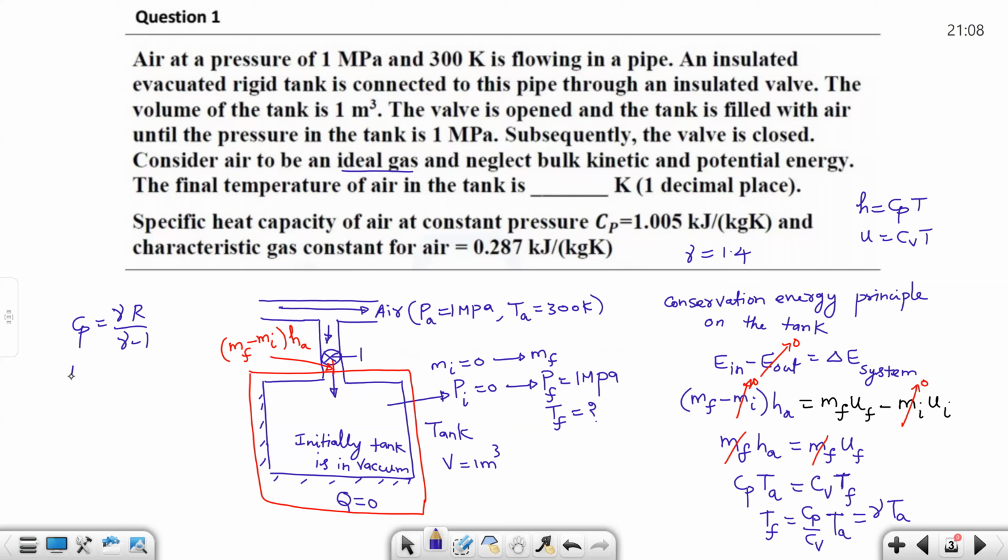Cp is given as 1.005, and both R and Cp are in kilojoule per kilogram Kelvin. R is 0.287.